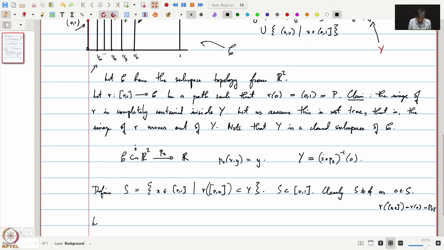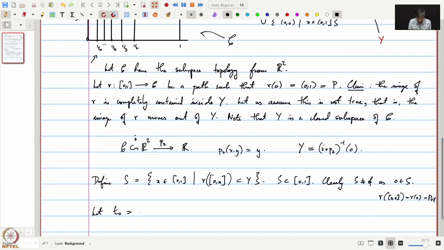Okay, so then let T naught be the supremum over all s in S. We first claim that gamma of T naught is in Y. So why is that?